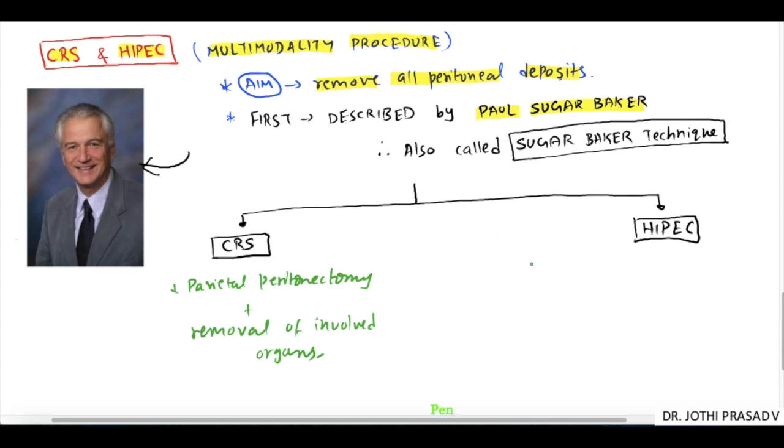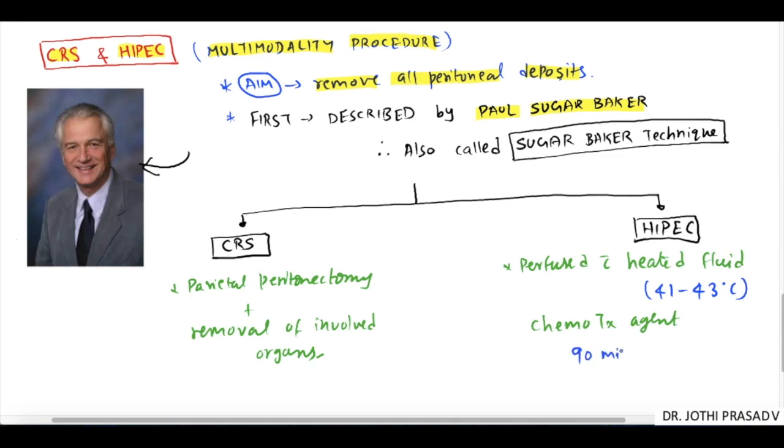In HIPEC, the abdominal cavity is perfused with heated fluid containing chemotherapeutic agent, and the temperature here is important, that is 41 to 43 degrees Celsius. The duration of circulation is also important, approximately 90 minutes, can vary from 60 to 120 minutes. The combined technique is called the Sugarbaker technique.